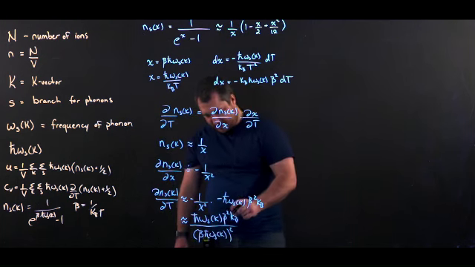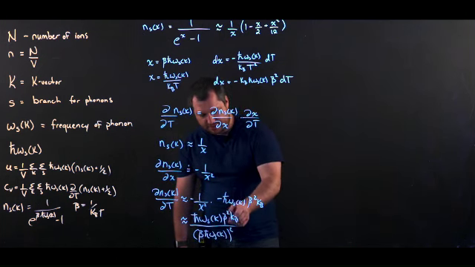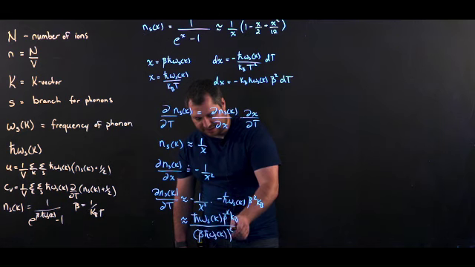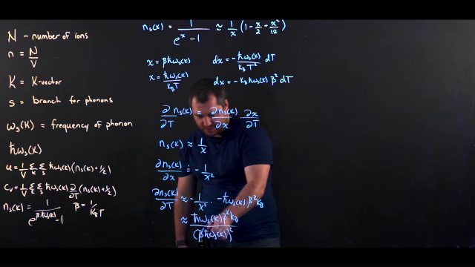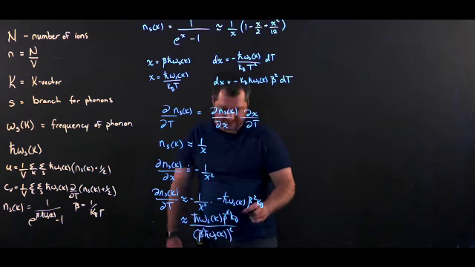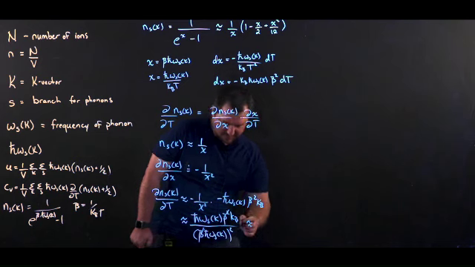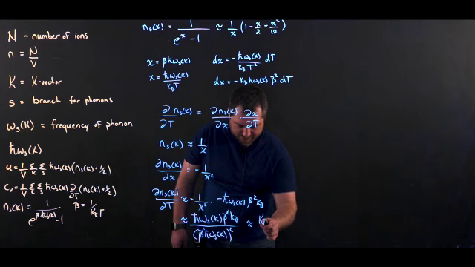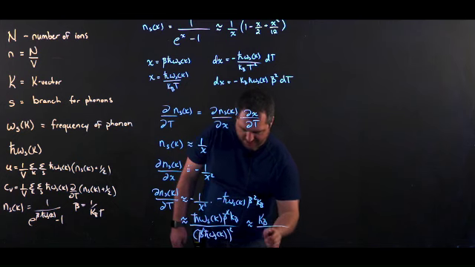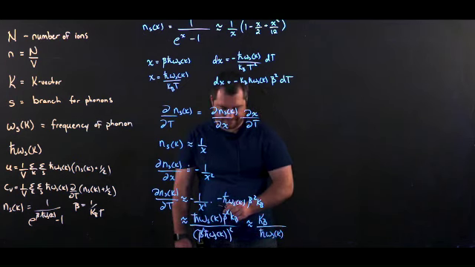So right off the bat I can see that my beta squareds are going to go away. Now I've got my h bar. My h bar here is squared, and this is just a single h bar, so it's going to stay. I've got one of these, but two of these. So this is going to be approximately k_B on the top, but on the bottom it looks like I have h bar omega_s of k.